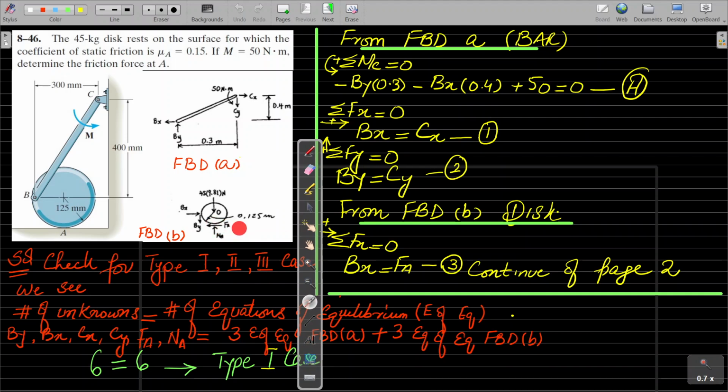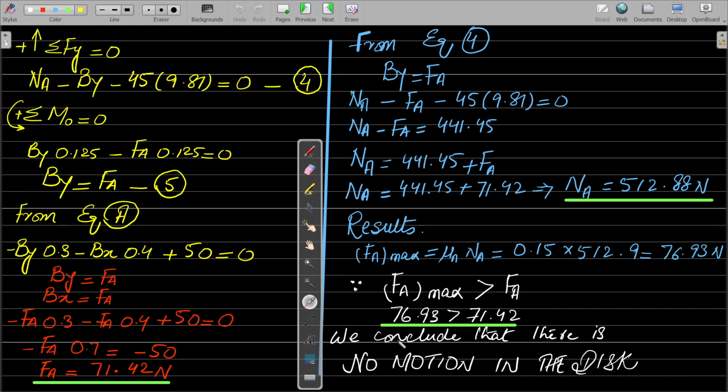The main condition is that it has to be lesser than the maximum friction force. Our maximum friction force comes out to be 76.93 Newton, and our Fa that we calculated was 71.4 Newton. Since the maximum friction force is higher than the friction force at A, we can easily conclude that there is no motion in the disk.